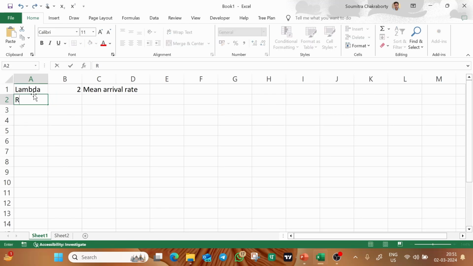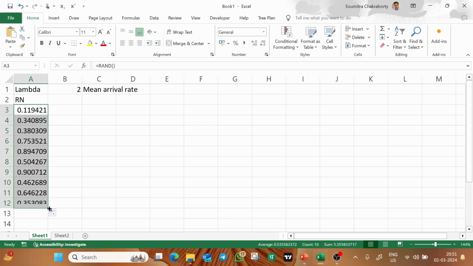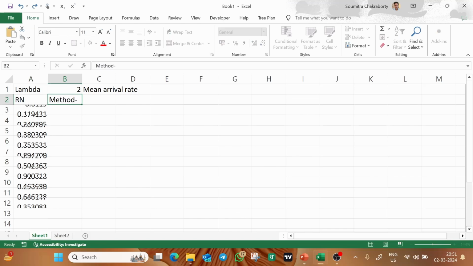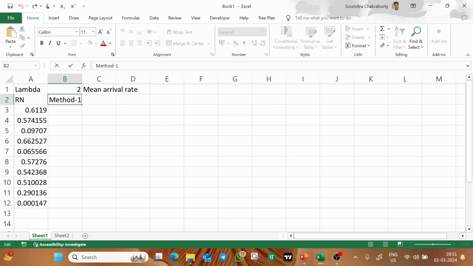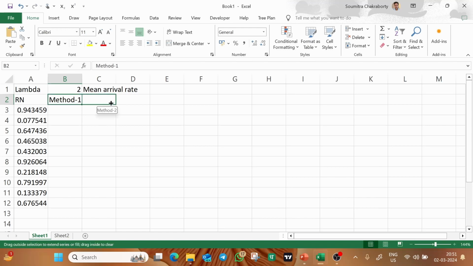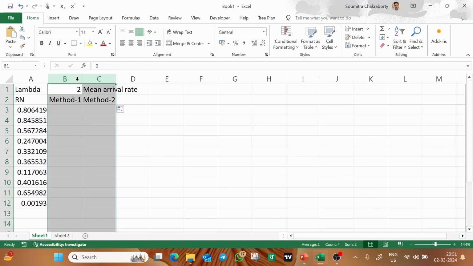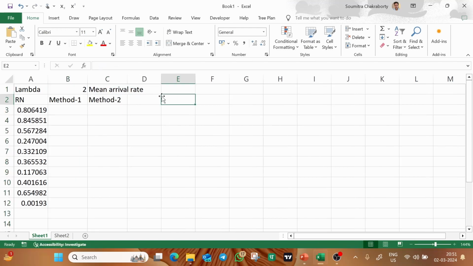And then we have a series of random numbers. We'll generate these using the rand function, right? So suppose these many are here. Then we will find the inverse exponential variable, that means our random variate, using both our methods.